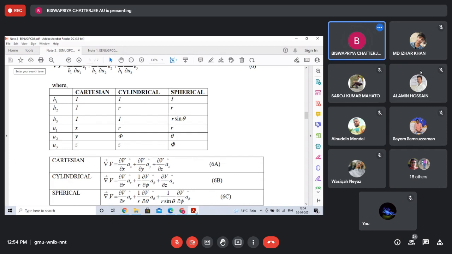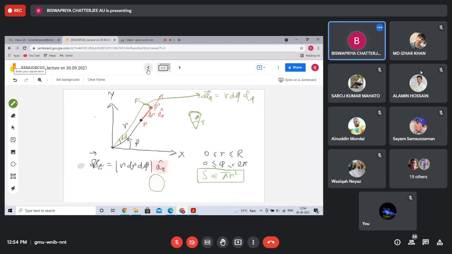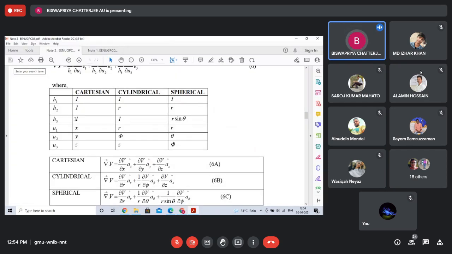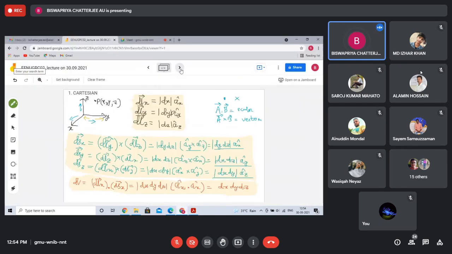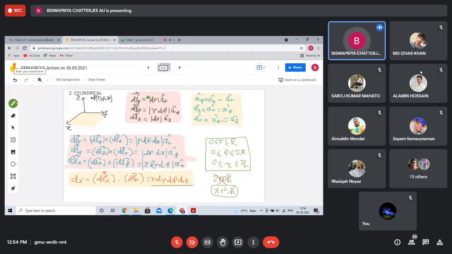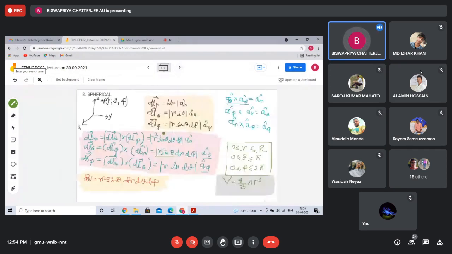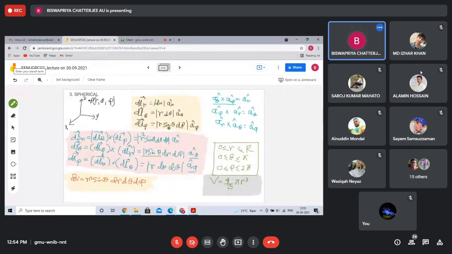In the Cartesian system, the coefficients of dx, dy, dz are all one, so it is written 111. In the cylindrical system, for dr it is 1, for d phi it is r, and for dz it is again 1. So it is 1r1. For the spherical system it is 1, r, sine theta.